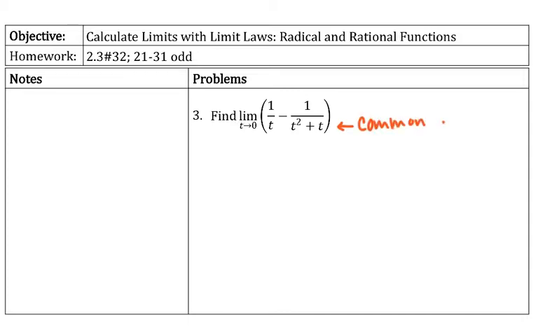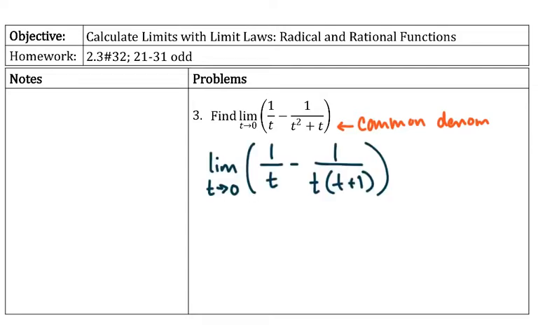One thing that's helpful is you might be able to just jump to the common denominator at this point. If you can't, that's great. Just try factoring first. So here we have 1 over t minus 1 over t times t plus 1. The common denominator we want is t times t plus 1. Multiply by that on the other fraction, and then make it one large fraction over the common denominator.